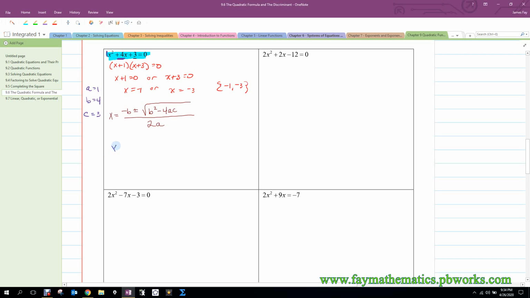So now it's just plug stuff in. Opposite of b, so that's -4, plus or minus the square root of 4 squared minus 4 times a times c, all over 2a.